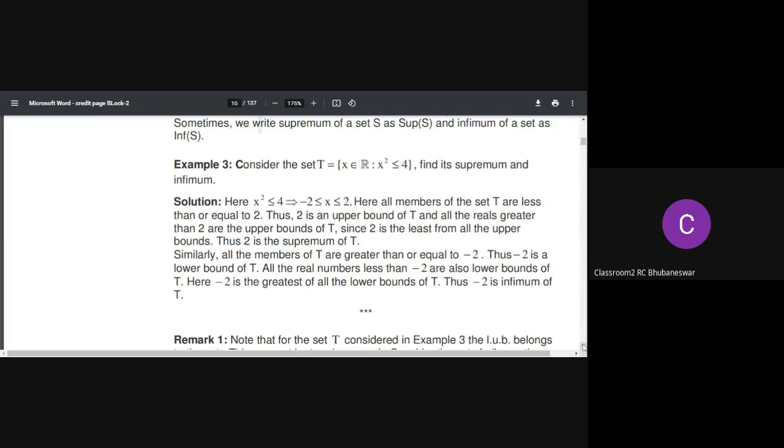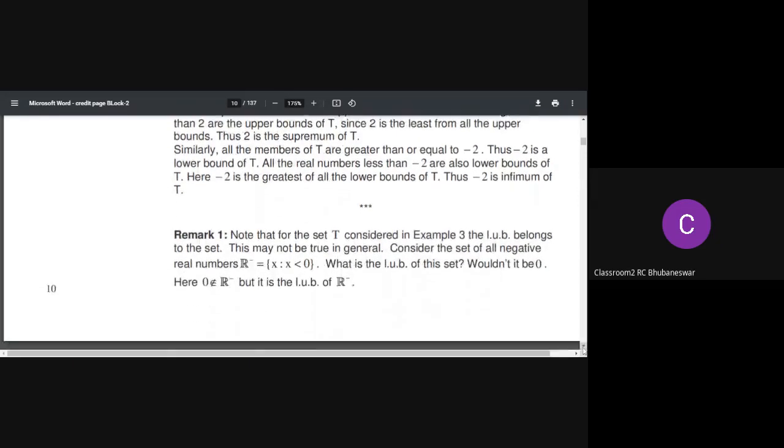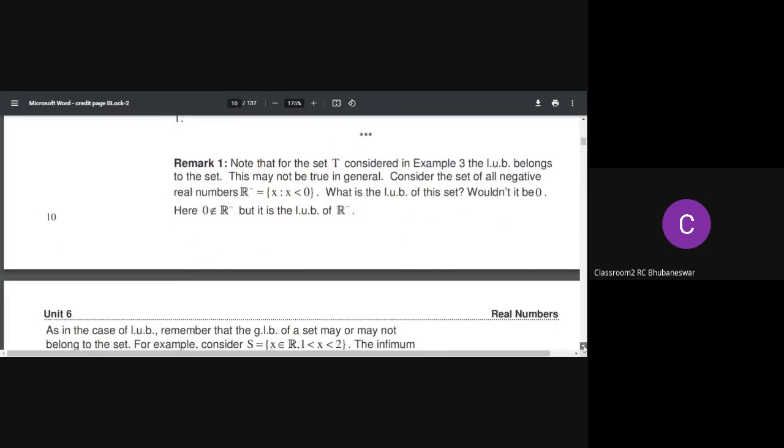In this way, we can find the supremum and infimum of a set.